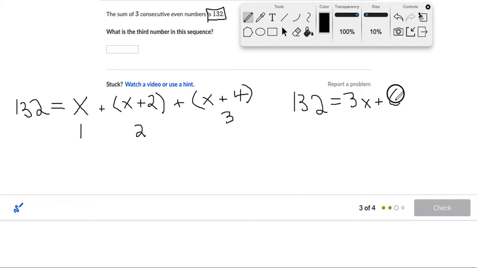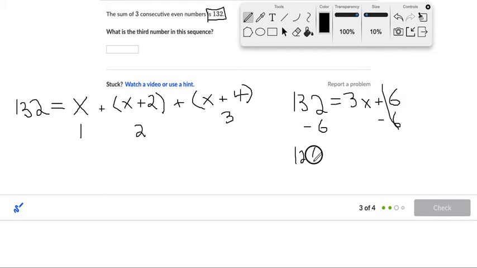Okay, just like that. Now we have ourselves a two-step equation. Subtract 6 from both sides. 6 minus 6, that's going to cancel. Then we're going to get 132 minus 6, that is 126.